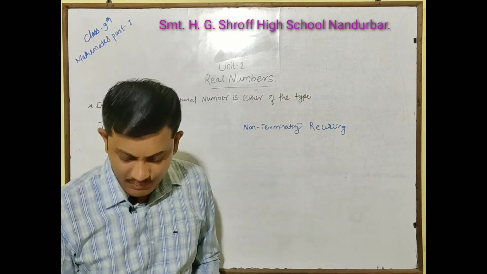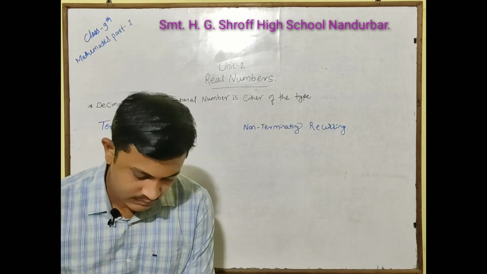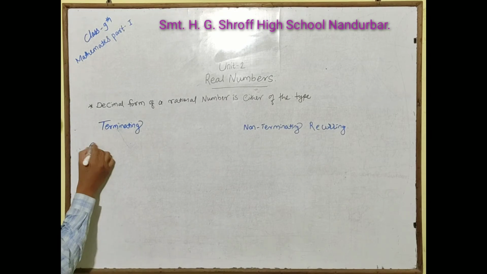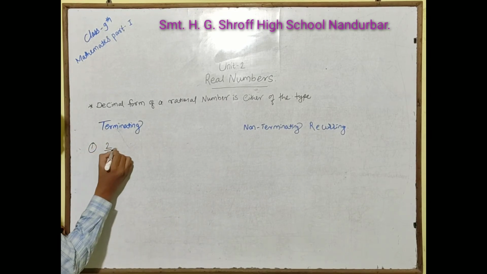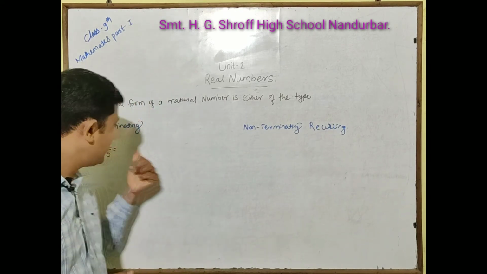For that we will take one example. Two upon five is a number in the form of p upon q.